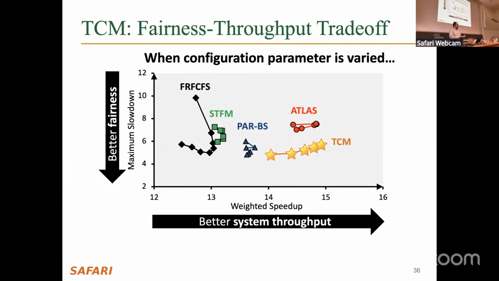Depending on how much fairness and how much throughput they are expecting from the memory controller, they can play with those parameters, because it's easy to reason about how much better performance you get and how much you're lowering the fairness. So essentially, you can reason about this trade-off.